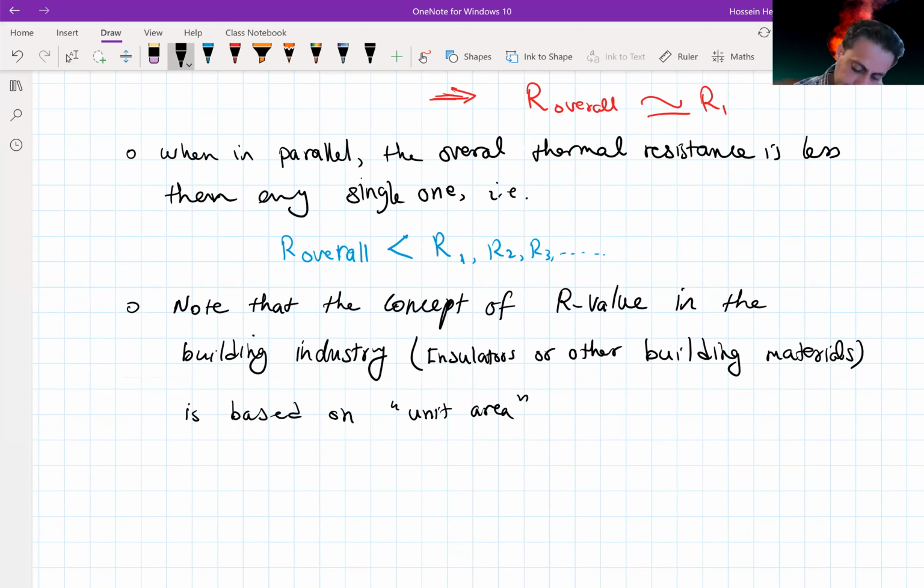Remember, when we are evaluating this thermal resistance, area comes into the equation for R.